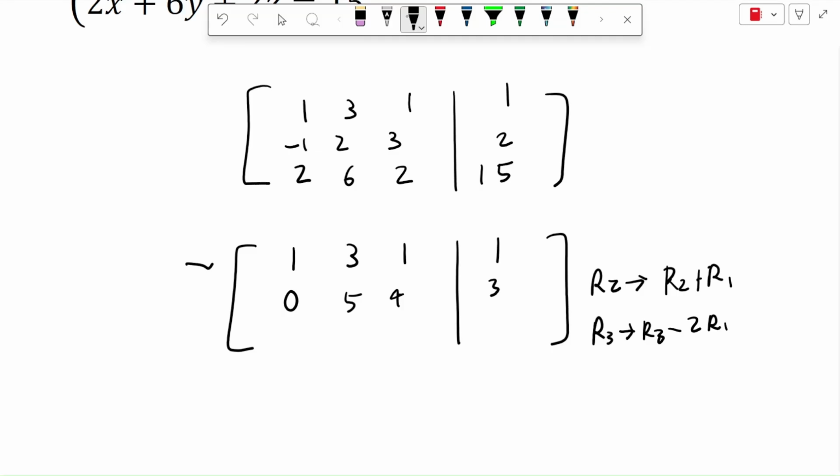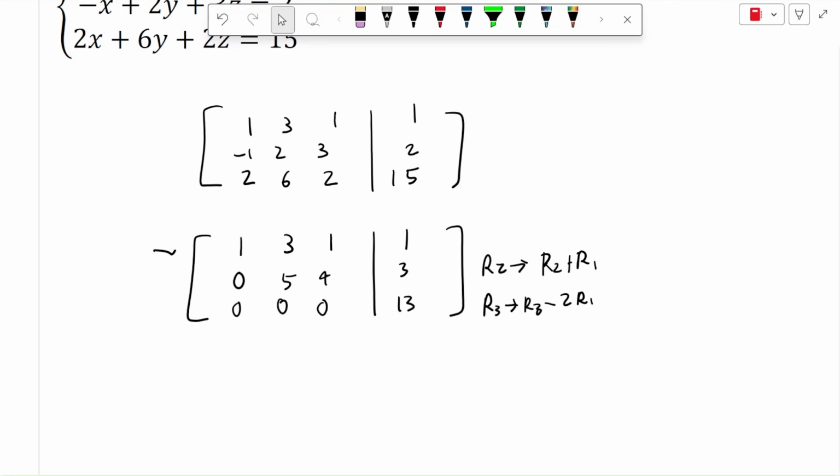So if we do that, you're actually going to get 0, 0, 0, 15 take 2 is 13. Okay, so that's concerning. That sometimes happens, and that's fine. Basically, that bottom equation there, we could read it off as 0x plus 0y plus 0z equals 13.